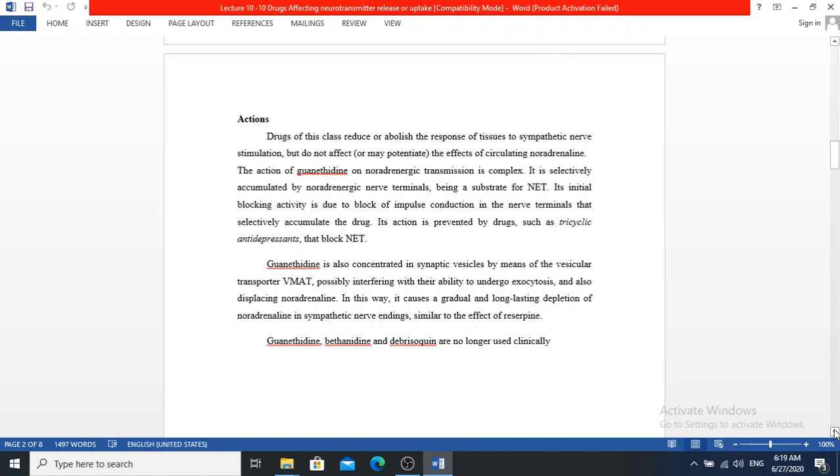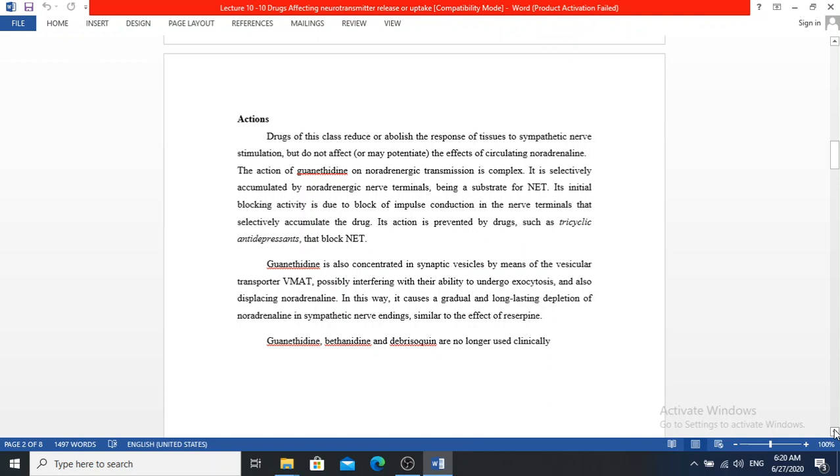Its initial blocking activity is due to block of impulse conduction in the nerve terminals that selectively accumulate the drug. Its action is prevented by drugs such as tricyclic antidepressants that block NET.